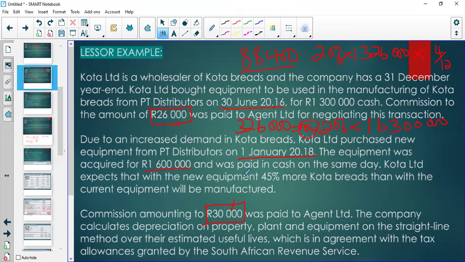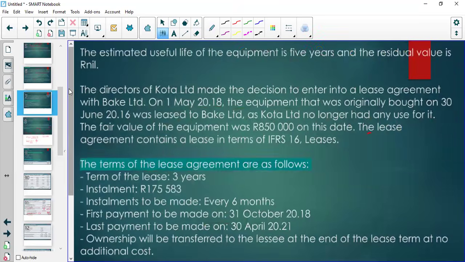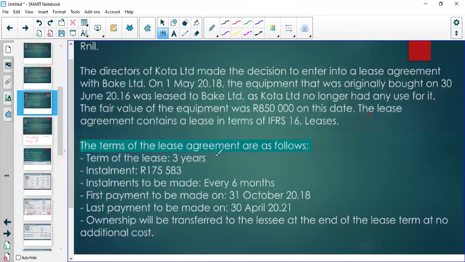All right. So now what we need to do is to calculate the interest rate implicit in the lease. Why do we need to calculate the interest rate implicit in the lease? It allows us to allocate interest and interest income. Basically, that's the reason.